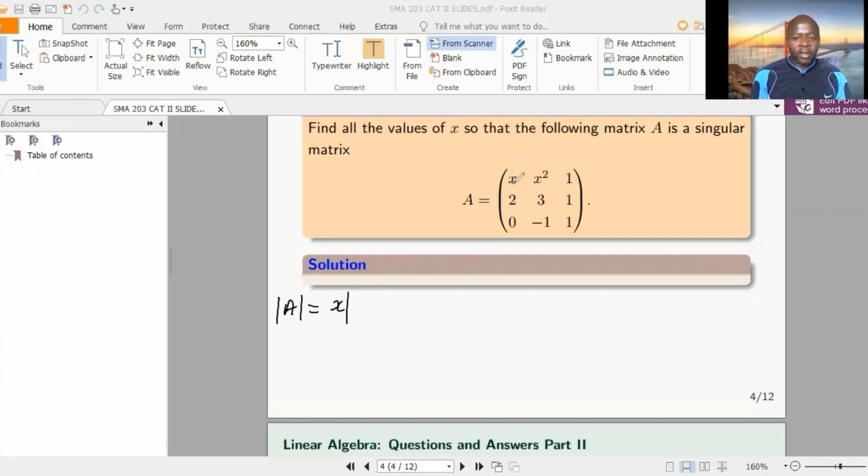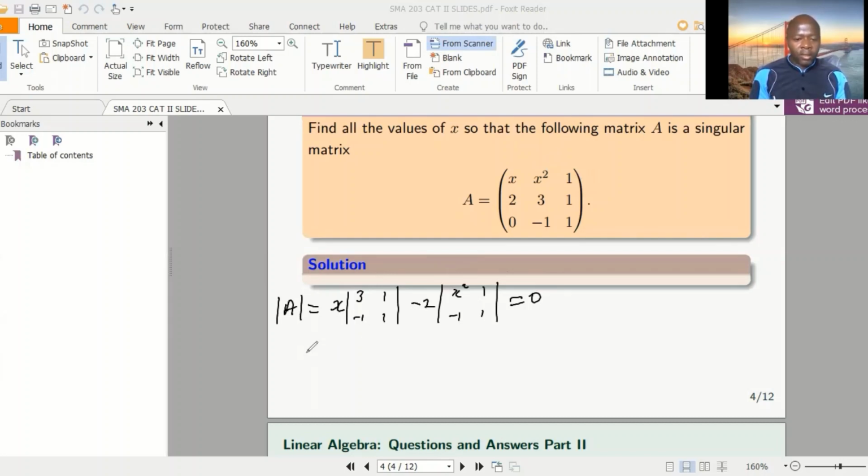The row of x and the column of x, when you delete, you are left with 3, 1, negative 1, 1. Now this was positive, so this is negative 2. Delete the row of 2, the column of 2, we are left with x squared, 1, negative 1, 1. This must be 0 because we want the matrix to be singular.